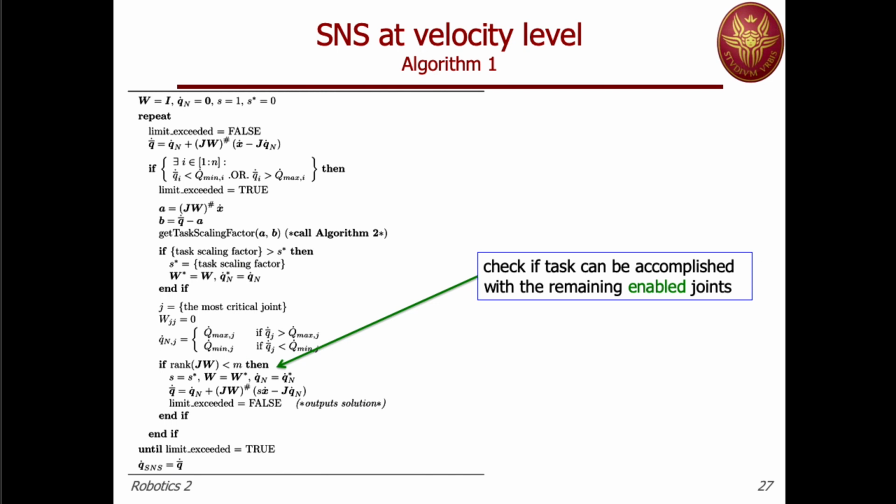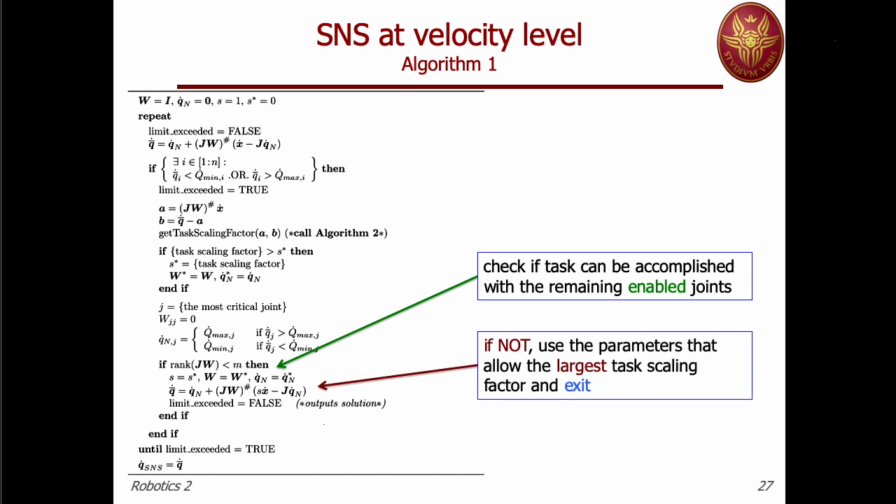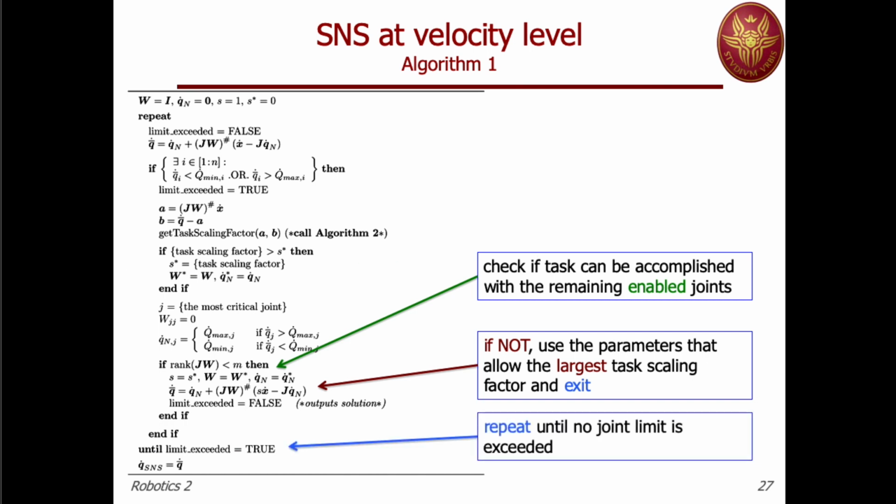This would be a more correct approach. But here, to simplify things, you just check if the rank is full or not. If it's full, you can continue. If it's not, you have to exit with the actual solution. So if not, you use the current parameters, including the largest task scaling factor, and exit. And you repeat this until no joint limit is being exceeded.